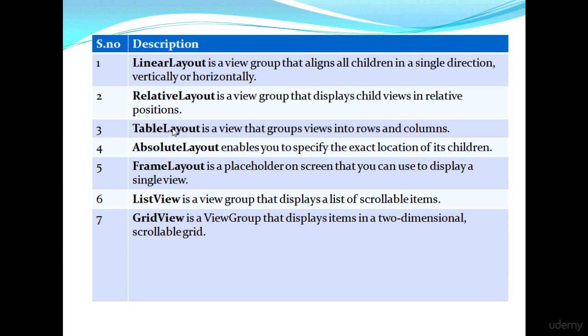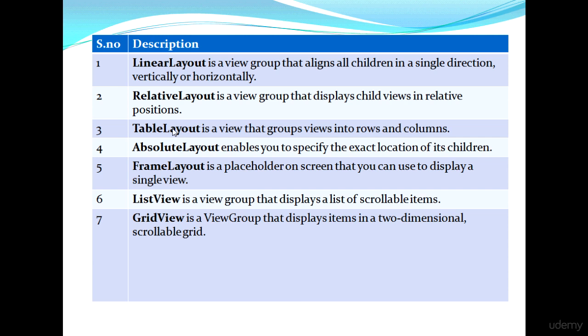Table layout is generally used, but it depends on the conditions, and it's not frequently used. The frequently used layouts are the linear layout and the relative layout, but for your understanding I have covered table layout as well. Table layout is a view that groups views into rows and columns. As the name mentions, if you have to design a table with rows and columns, it's better to use a table layout.